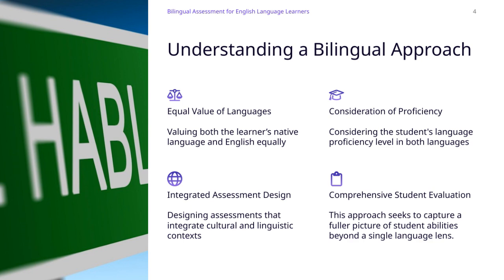Another important aspect is how assessments are designed. They should integrate cultural and linguistic context so that they're relevant and fair to the student's experiences. Finally, this approach allows us to evaluate students more comprehensively, capturing their abilities in a way that goes beyond looking at just one language. It gives us a fuller, richer picture of what students can do.